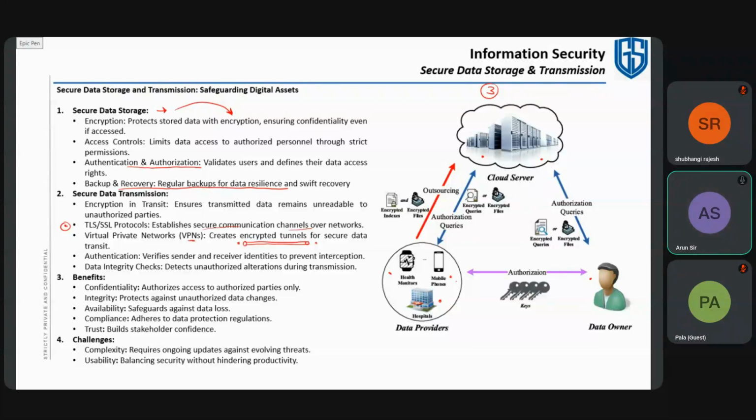Then there is authentication. There is one more thing called the data integrity check. There are a lot of techniques, from checksums to many others, by which we match the MD5 hashes after doing any updates, so that we can verify that whatever updates we have done to our device are matching. Okay.